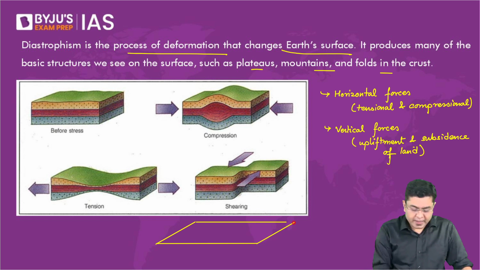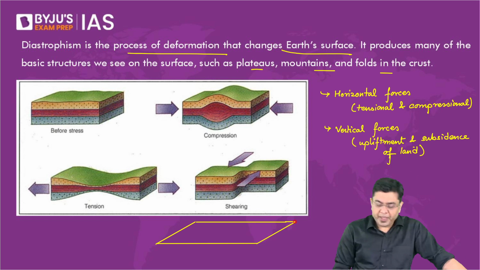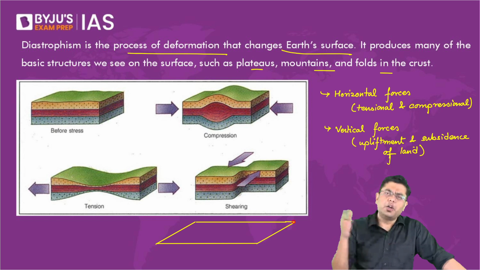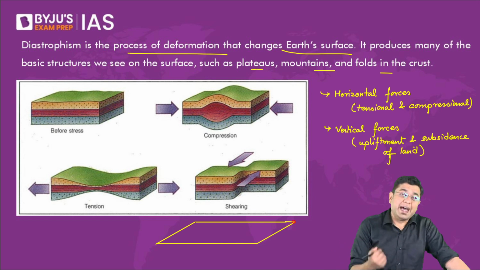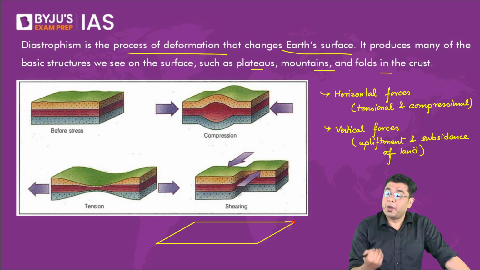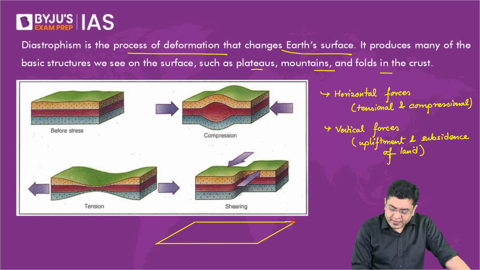Let's suppose this is the landmass, a large landmass spreading across thousands of kilometers. Now, it might happen that there is a significant amount of endogenic force happening in this area.